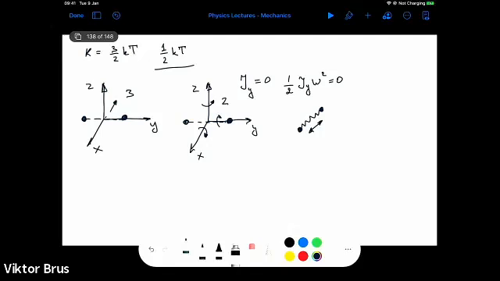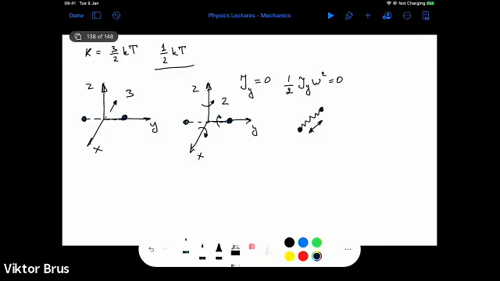So in total, it will be 5 degrees of freedom. And vibrational motion, which we will talk about later, will also provide 2 additional degrees of freedom. So now let us focus first on translational and rotational.